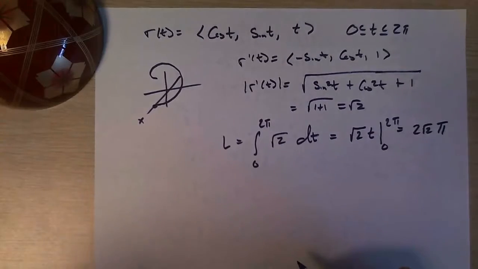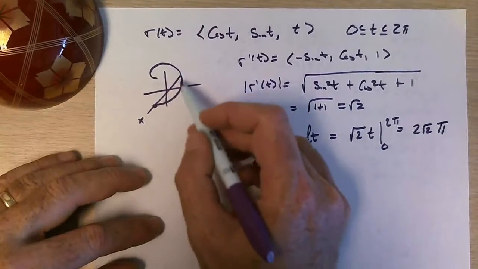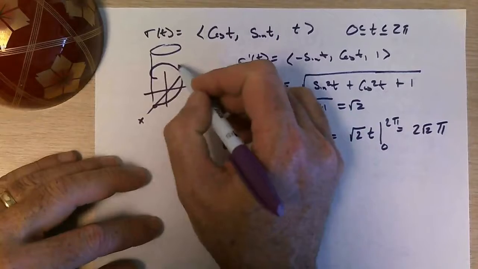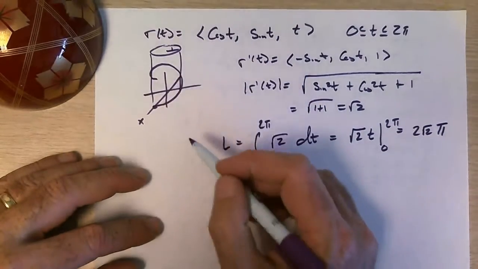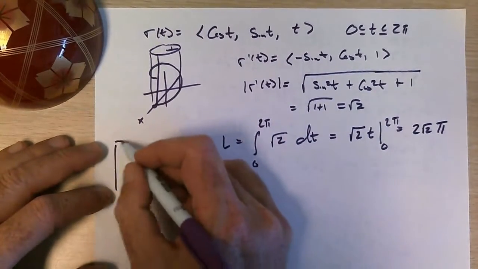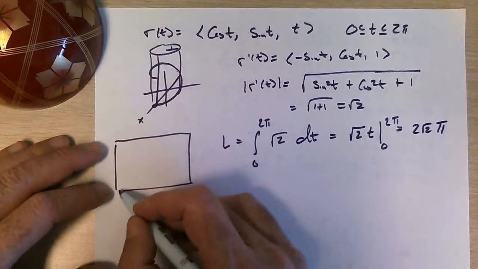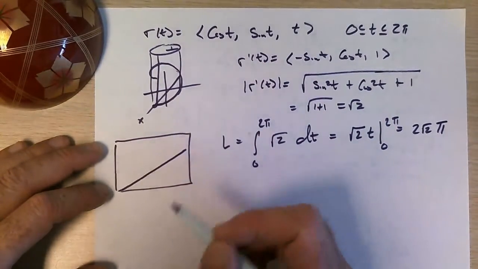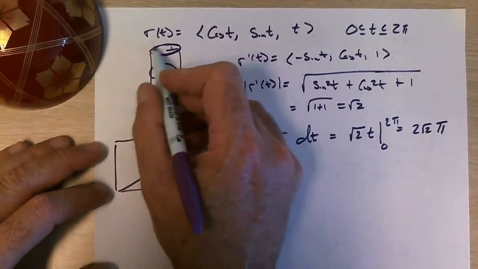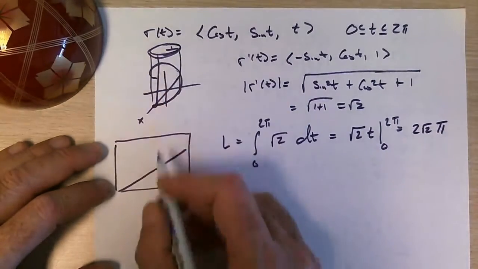Now I have a way of checking this because I noticed that this curve actually completely lies on a cylinder of radius 1, and if I were to take that cylinder, cut it right there and open it up, it would unroll into a rectangle, and that curve would actually just unroll into a straight line, where the distance around the cylinder would be 2 pi times the radius, but the radius is 1.